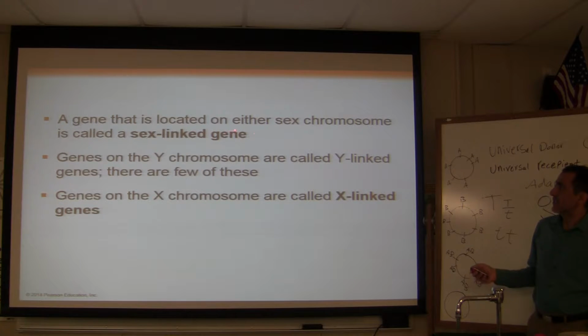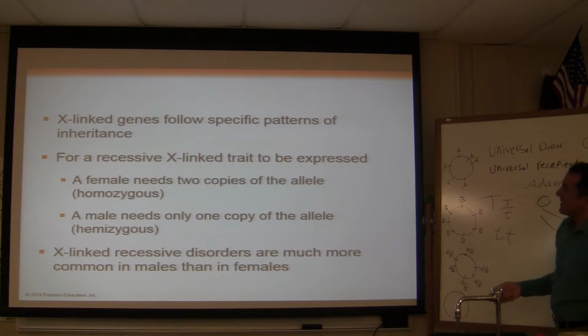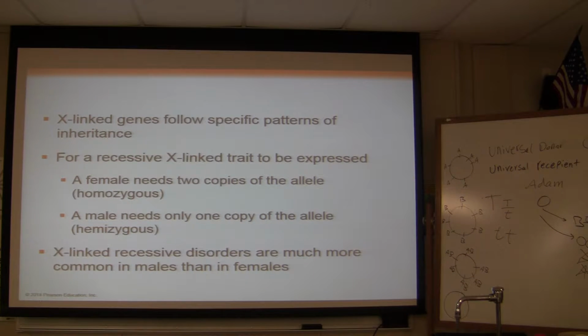A gene that is located on either sex chromosome is called a sex-linked gene. That's what we are going to talk about next. Genes on the Y chromosome are called Y-linked genes, and there are a few of these. Genes on the X chromosome are called X-linked genes. X-linked genes follow specific patterns of inheritance.